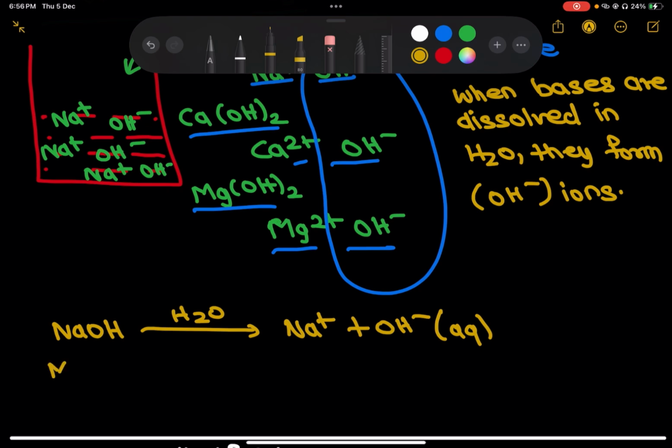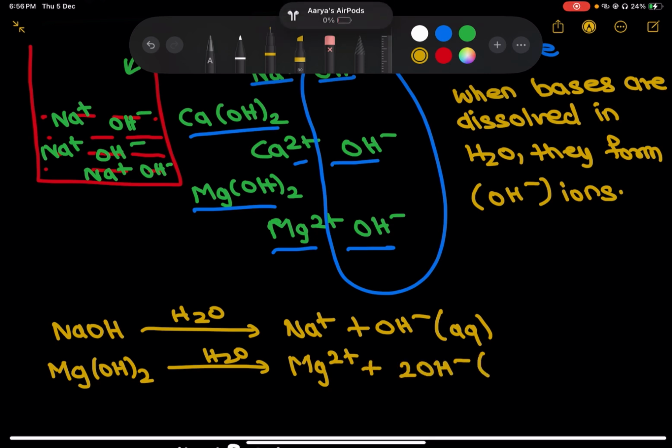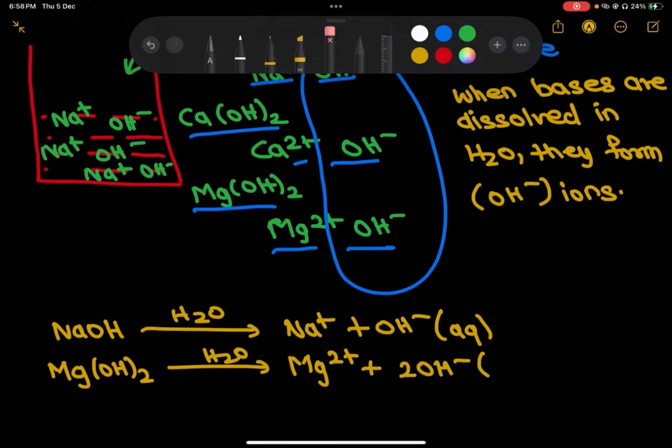Similarly, Mg(OH)2 in the presence of H2O gives Mg2 plus and 2OH minus, to balance the reaction, again with aqueous, so 2OH minus aqueous. This is the way you write the reaction.